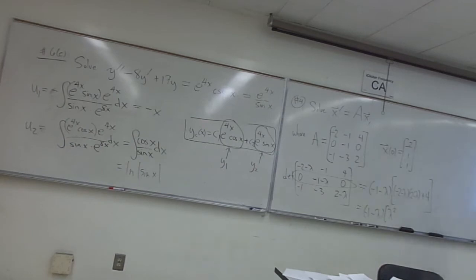Minus 2 lambda plus 2 lambda minus 4. That's fine. Minus 2 lambda plus 2 lambda minus 4 plus 4. It's all gone. Everything else cancels. So your eigenvalues are 0, 0, and negative 1. And if they come up multiple times, you should write them down multiple times so that you know that.